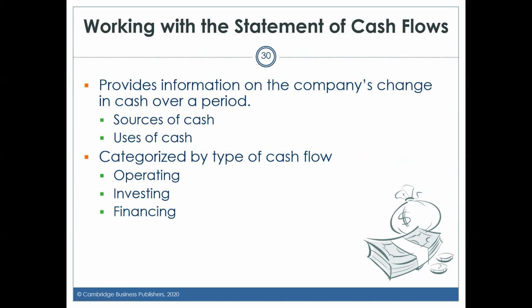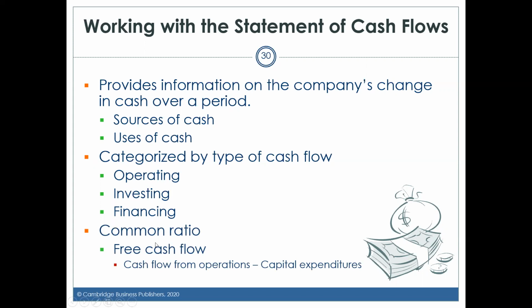Investing cash flows are any cash inflow or outflow resulting from us selling or purchasing long-term assets like property, plant, and equipment. And then financing cash flows are any cash inflow or outflow resulting from us borrowing money, getting money from our shareholders, so debt, equity, sorts of things.